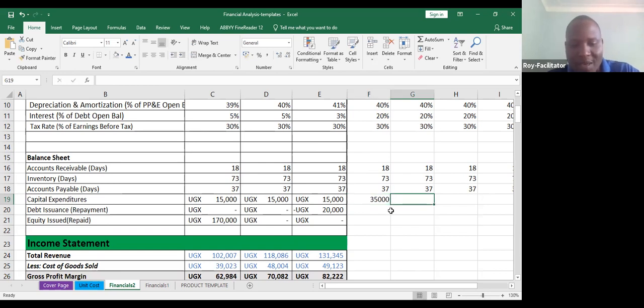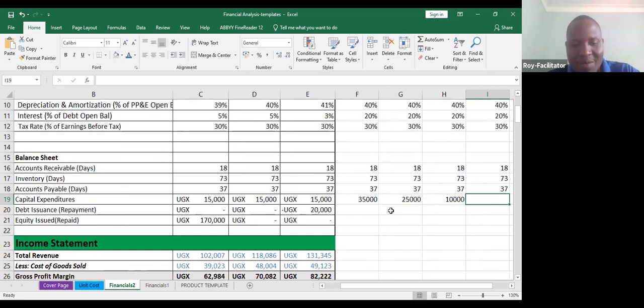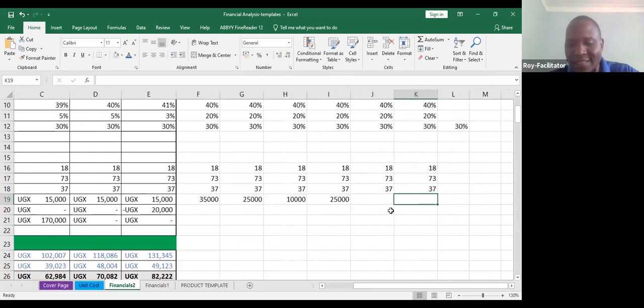Here I'll do maybe 25K. Here maybe I'll do 10K. Some of you may be buying vehicles, motorcycles, whatever it is. You factor that on the capital expenditure. 30K. And yeah, leave it like that. Okay.